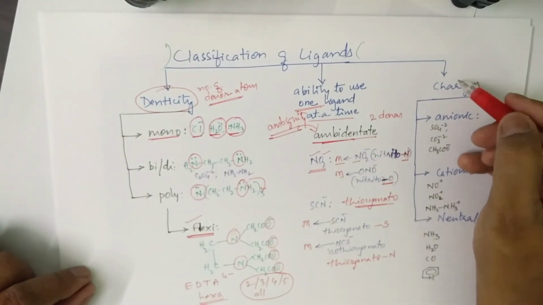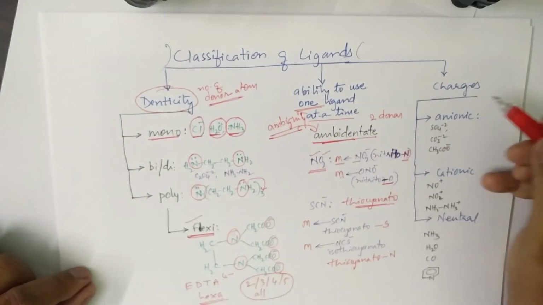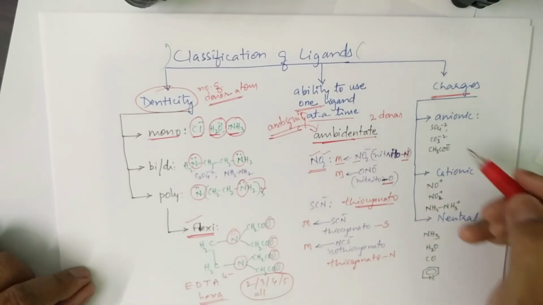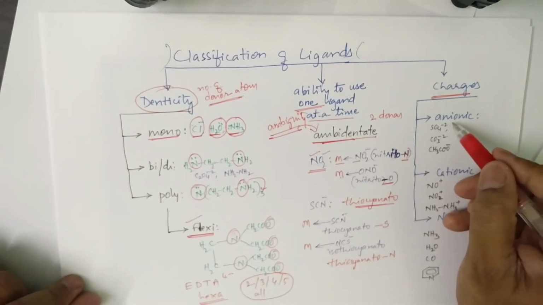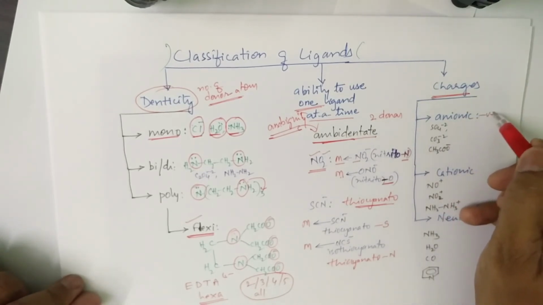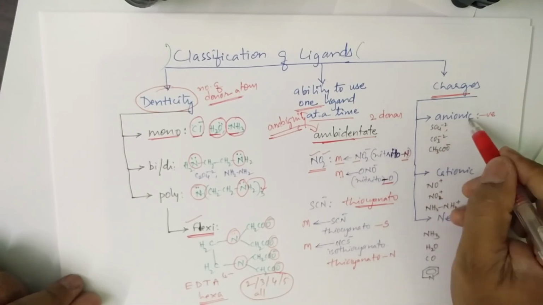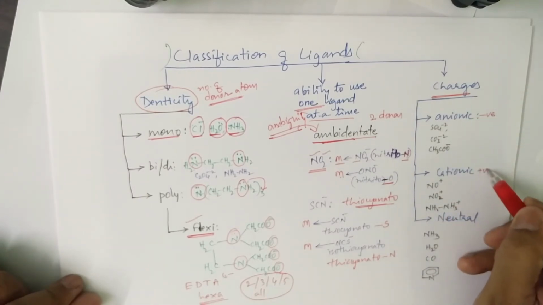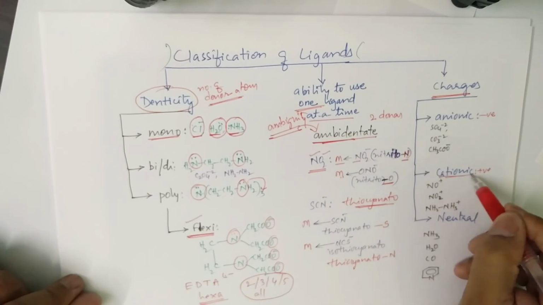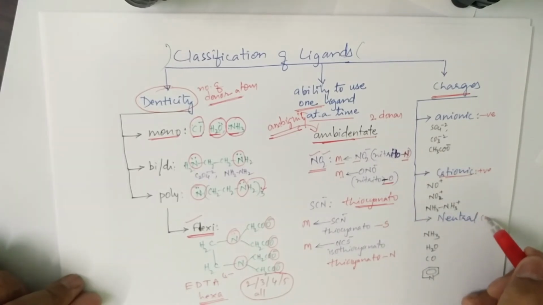Well, there is another type of classification of ligands based on the charges. The ligands can have negative charge, such ligands are called anionic, or positive charge, such ligands are called cationic, or they do not have any charges, such ligands are called neutral ligands.